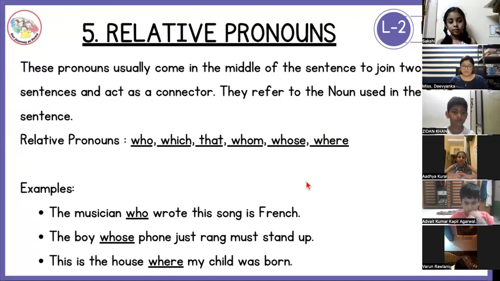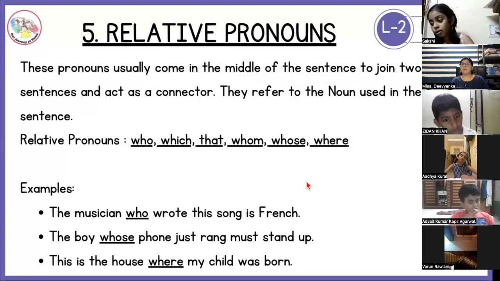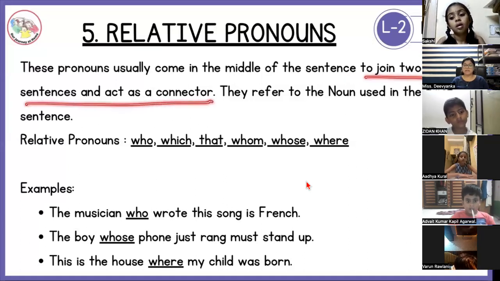Now let's look at the explanation mentioned here. Relative pronouns usually come in the middle of the sentences to join two sentences and act as a connector.